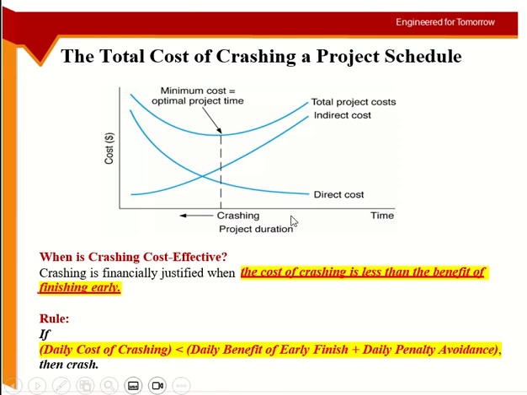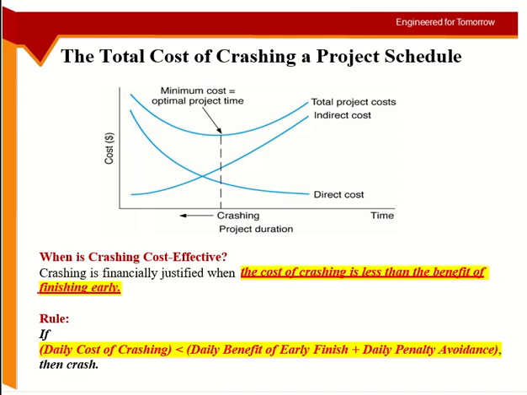This is a daily benefit. Every day you save, you are saving this much in the indirect cost. Okay, plus the daily penalty for avoidance, meaning the increase in direct cost. So if the decrease in indirect cost plus the increase in direct cost is more than the per day crashing cost, then you will do the crashing. Otherwise, you will not do the crashing.